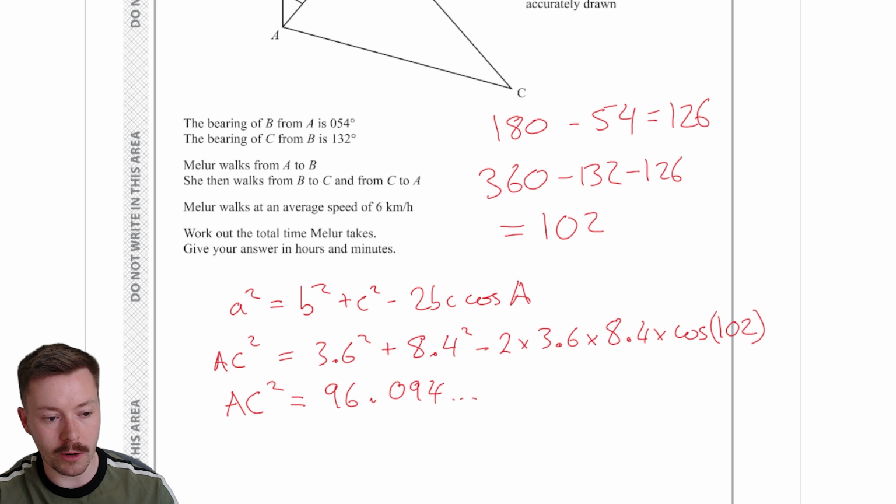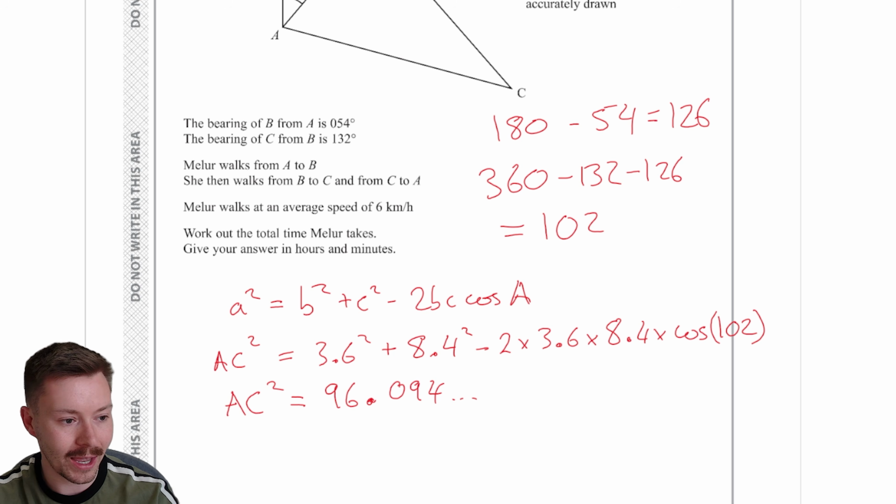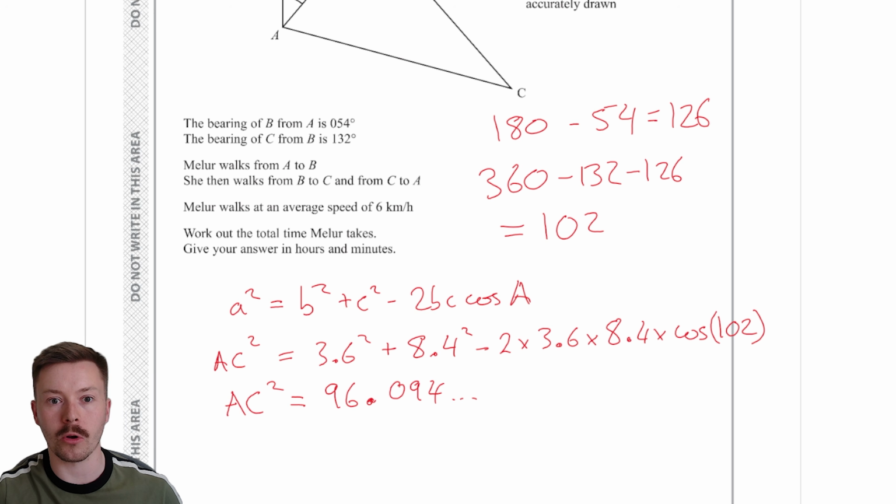So we then want to square root that, and I put dot dot dot because I want to keep that answer on my calculator. Now if we square root that, using the answer button, we get 9.8027. We want to keep that on the calculator because it has more decimal places, and that is just the total length of A to C.